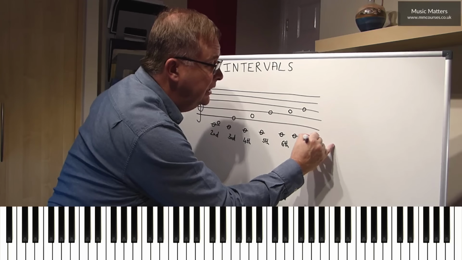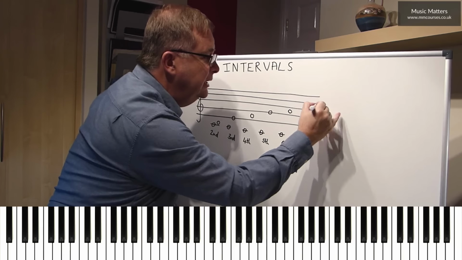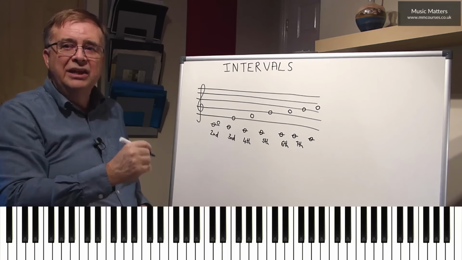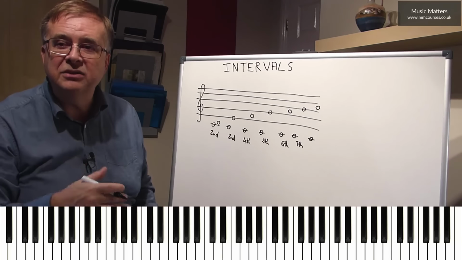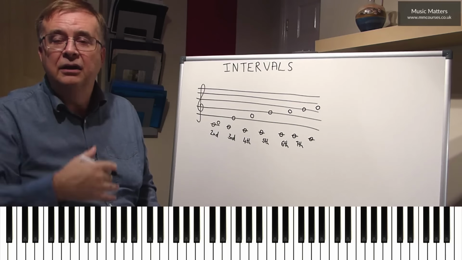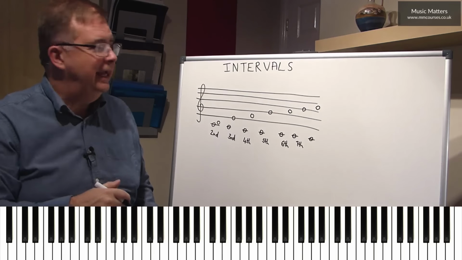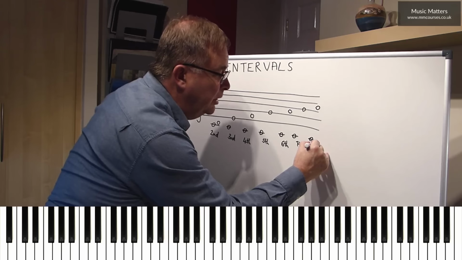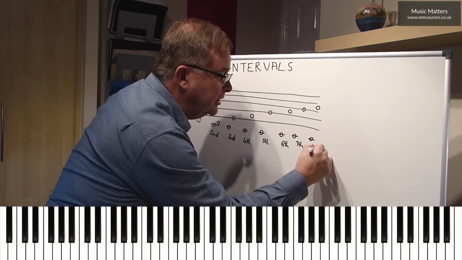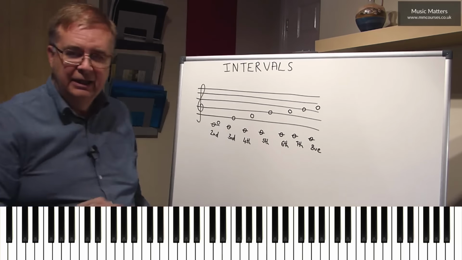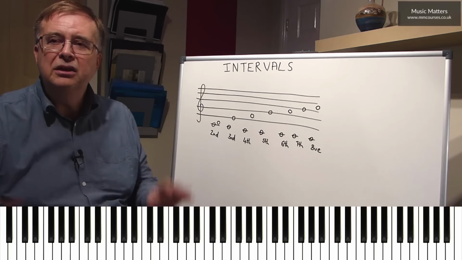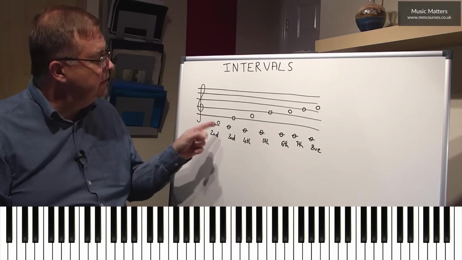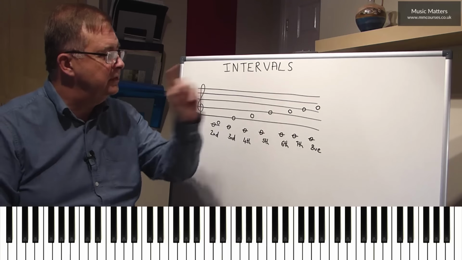And if I start with C and go up to the next C, you might be tempted to call that an eighth. Technically speaking, it should be called an octave, because an octave is 8 notes, oct meaning 8. And we abbreviate that when we write it by simply writing 8ve. So that's how we determine the number of an interval: second, third, fourth, fifth, sixth, seventh, eighth.